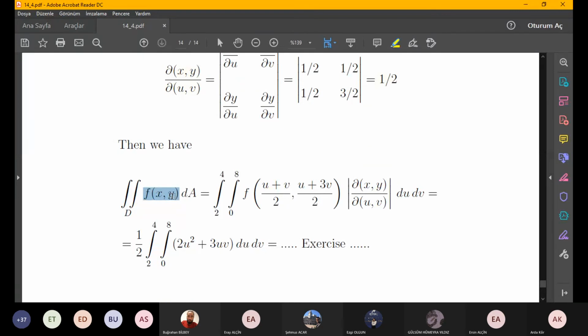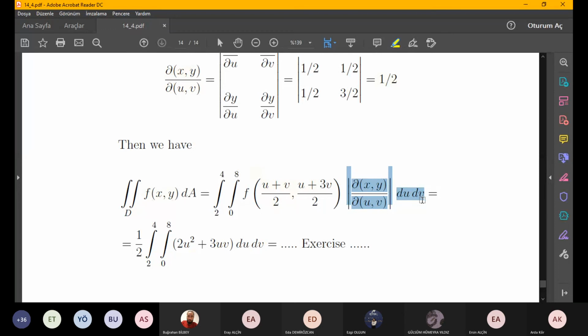So f(x,y) becomes f((u plus v) over 2, (u plus 3v) over 2), and instead of dA we write the absolute value of the Jacobian determinant times du dv, which is 1 over 2 times du dv.